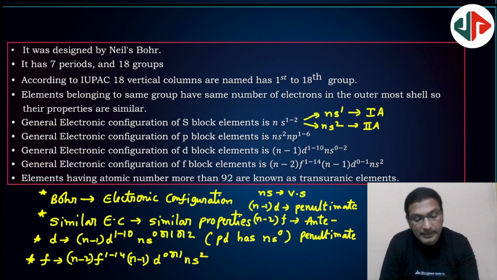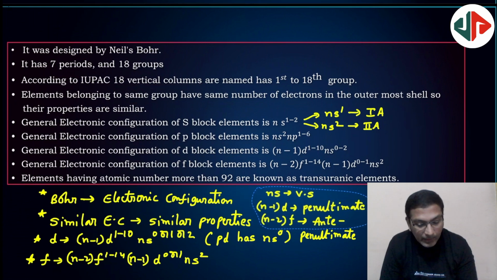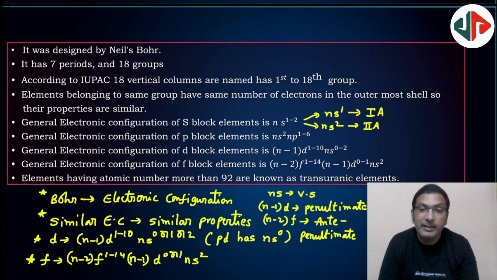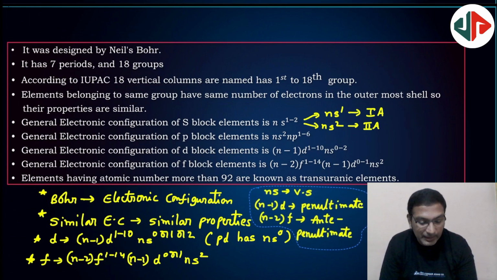Remember these points. ns is valence shell, (n-1)d penultimate shell, and (n-2)f is anti-penultimate shell. So very, very important point.